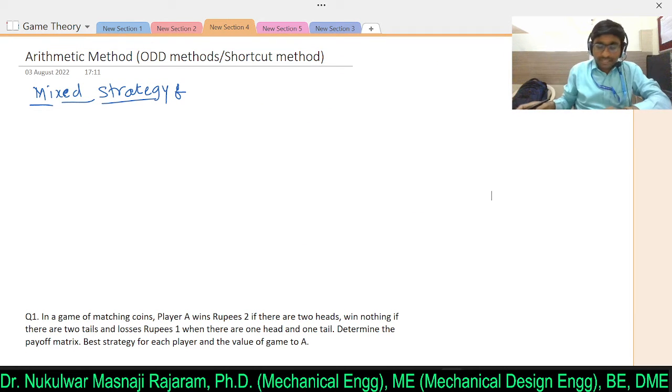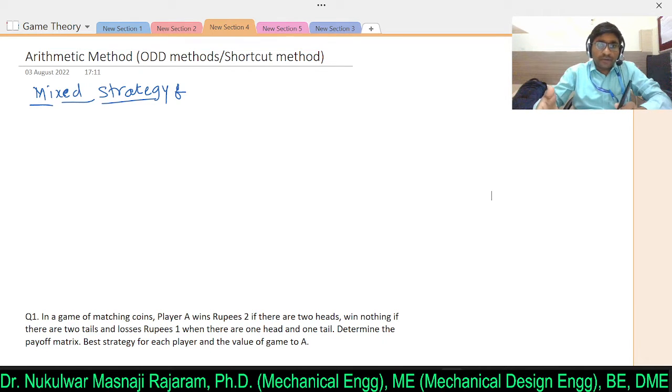Today we are going to see the arithmetic method, which is also known as the odd method, or we can say the shortcut method. Now, in cases where the saddle point and dominance principle have been used to reduce the game matrix, players will resort to the mixed strategy. Sometimes we use the saddle point method.